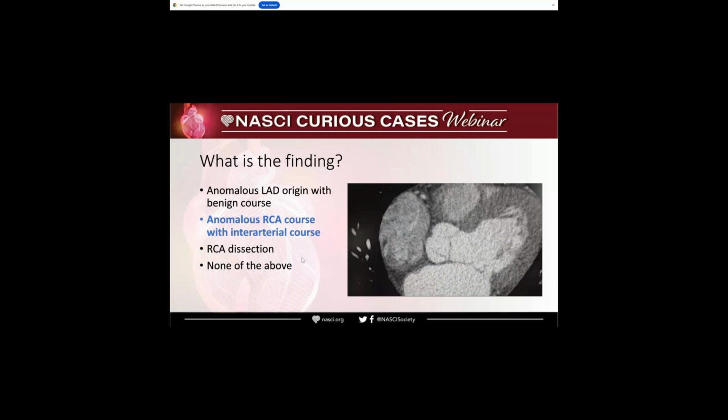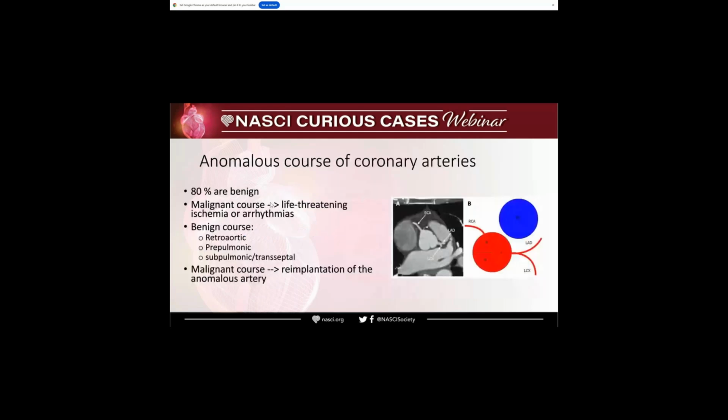So when we talk about the anomalous course of coronaries, as I said before, the RCA comes from the right coronary cusp and the left main comes from the left coronary cusp. We have an anomalous course whenever one of the coronaries comes from a different place. For example, sometimes the LAD can come from the right coronary cusp.